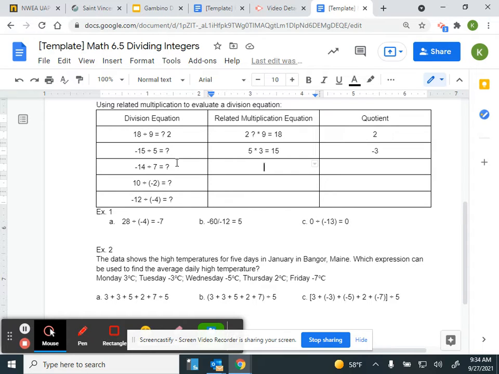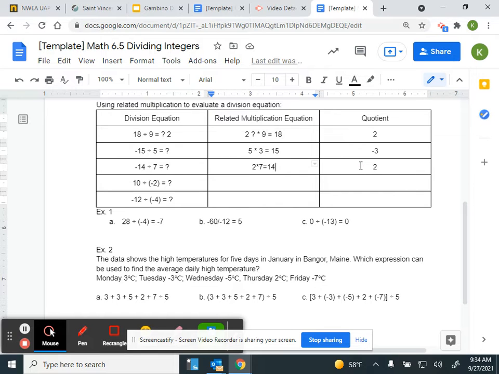So let's look at our next one. Negative 14 divided by 7. So we have to ask ourselves, what times 7 equals 14? Nolan? 2. So our quotient is going to be that 2. Now we have to look, is it going to be a positive or a negative? What do you think, Peyton? Negative. Why would it be negative?